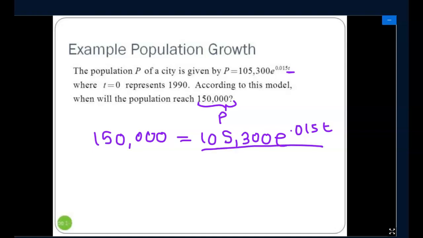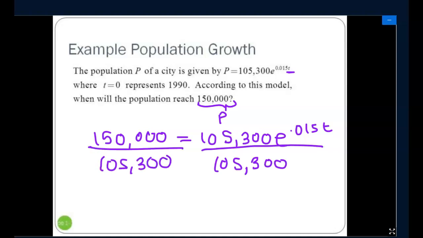We're going to divide both sides so we can isolate our e. When you're dividing like this, if you have zeros at the end, they cancel. So really this is the same as 1,500 divided by 1,053. And if you have your calculator, you're going to ln both sides.